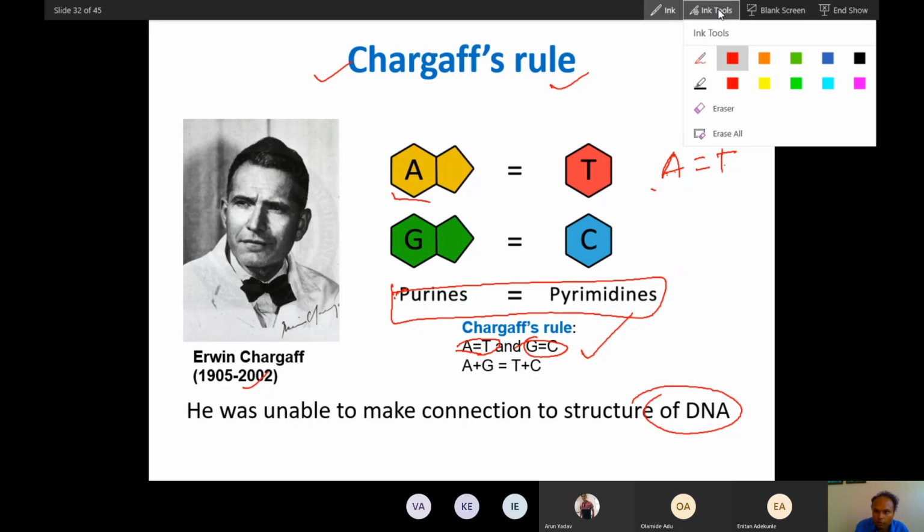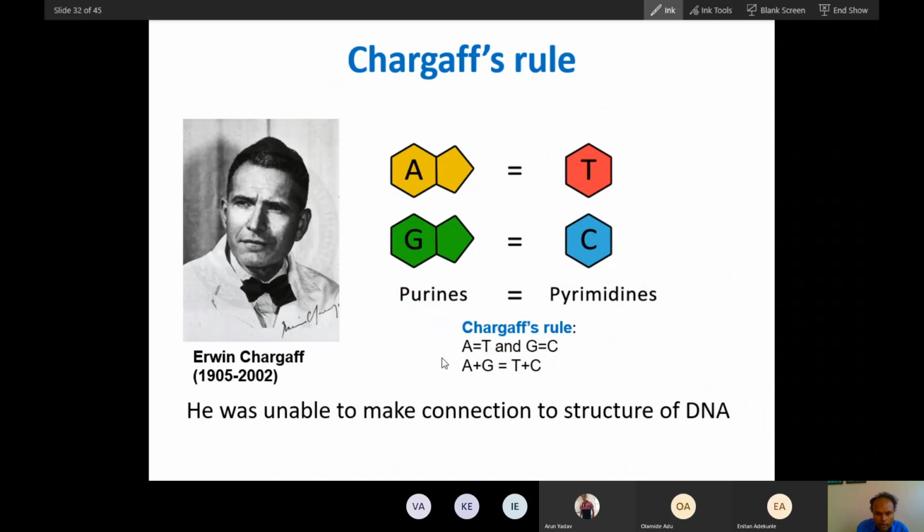Just remember A is equal to T, because adenine forms hydrogen bonds with thymine, and G is equal to C, because in the double-stranded helical model guanine forms hydrogen bonds with C. That is why purine is equal to pyrimidine.